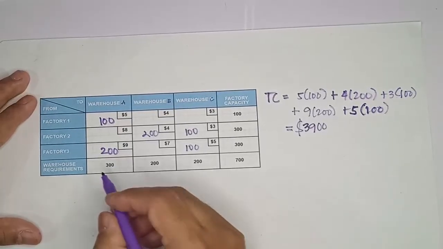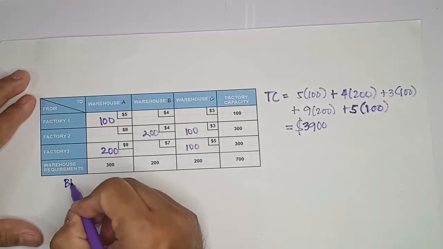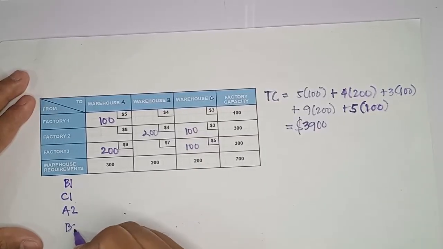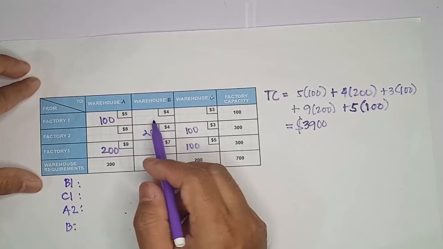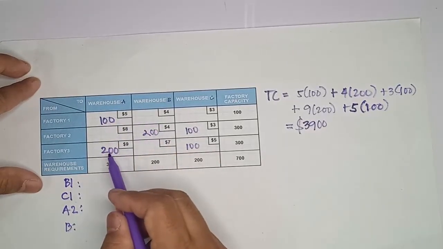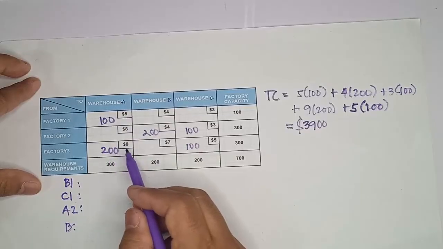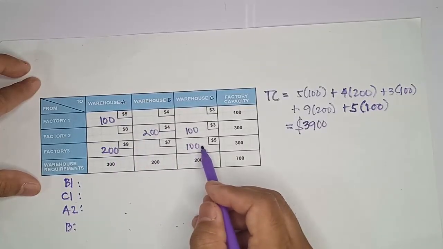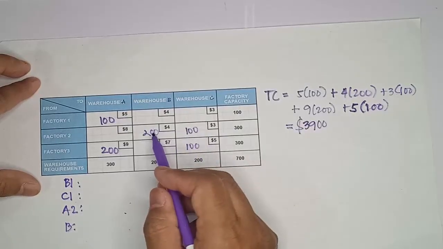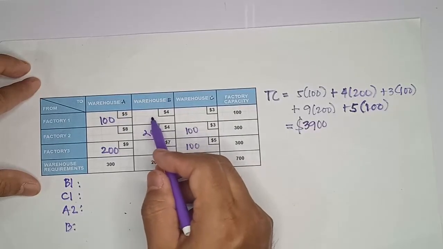The new cells are... the loop for B1 is from this cell going to A1, going to A3, jumping to C3, to C2, to B2, going back to B1.